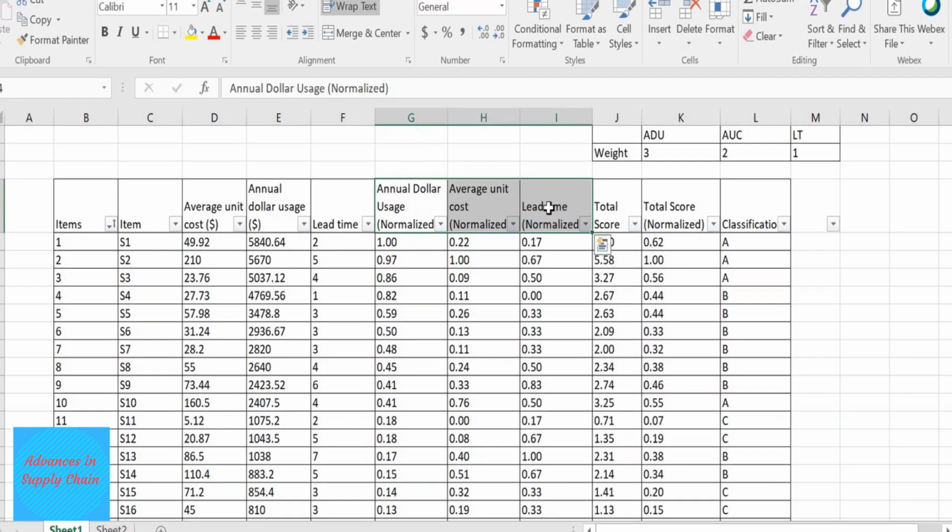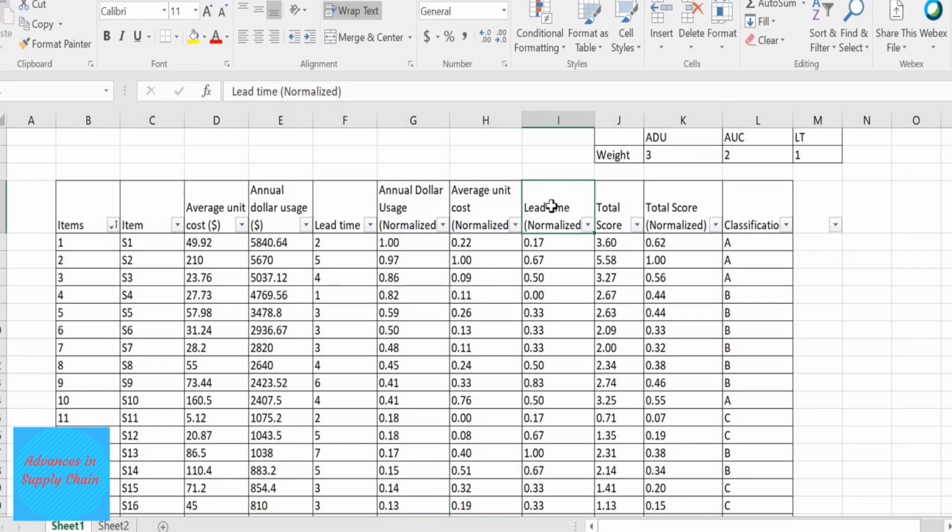Selection of the criteria depends totally on your choice, your judgment, your industry and your operations. For some people, lead time can be more important because they want to keep inventory levels low on items that have a shorter lead time. In that case, they would put lead time as the number 1 criterion and apply the weights accordingly.